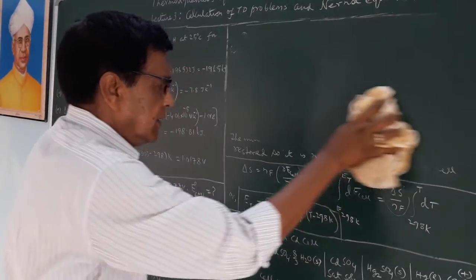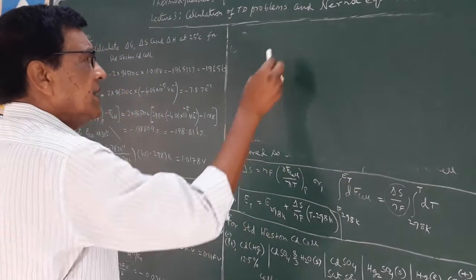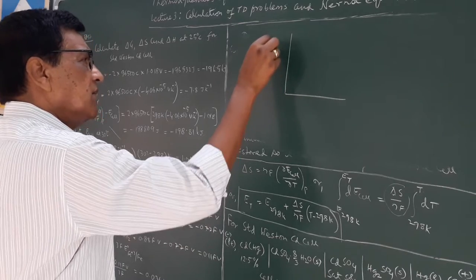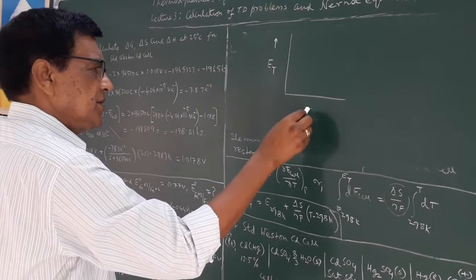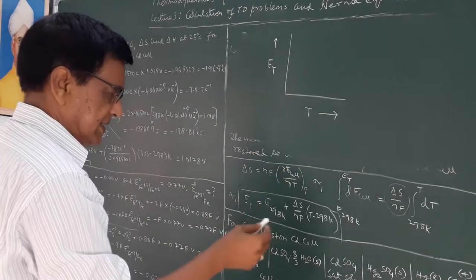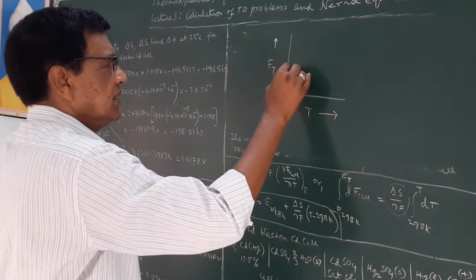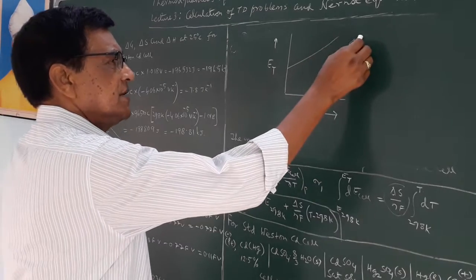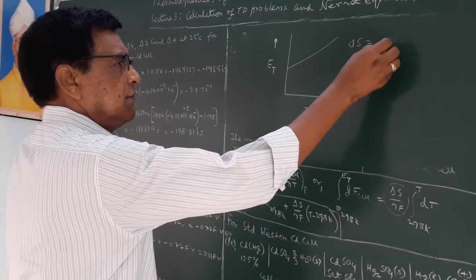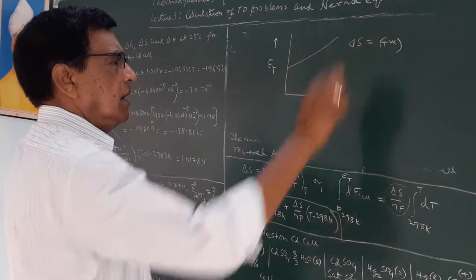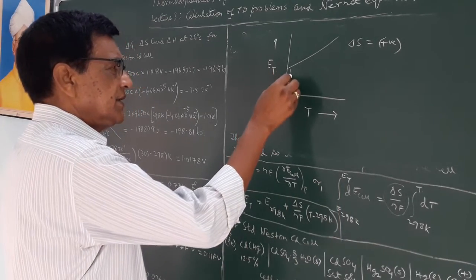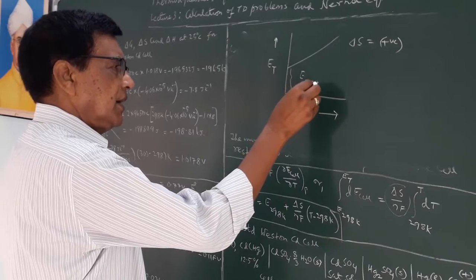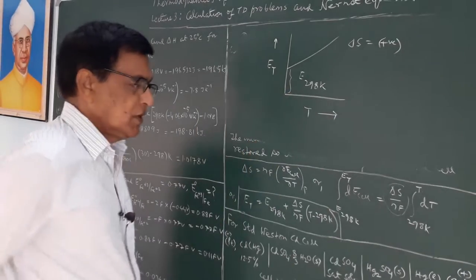If we can plot this, suppose E T is plotted along the y-axis and temperature is plotted along the x-axis, then according to this equation this will give a straight line if delta S is positive, and the intercept will give you E 298 Kelvin.